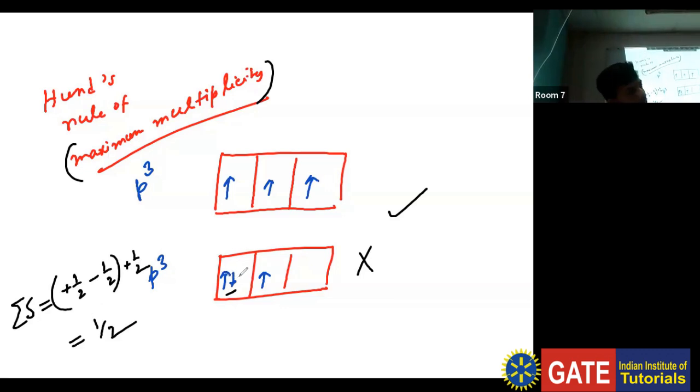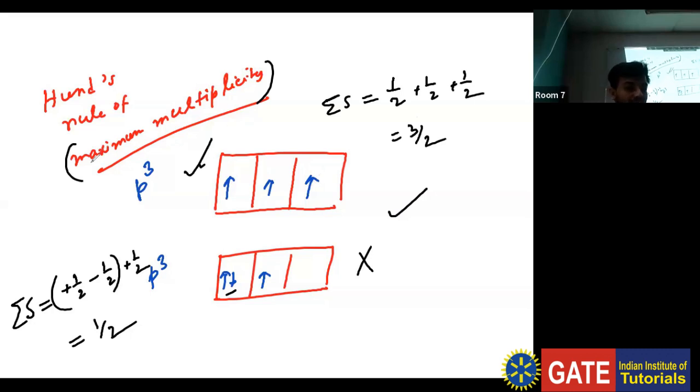Plus half, minus half, plus half. For them, where is it highest? 3/2. That means this is correct. This is the need. That's what is meant by maximum multiplicity.